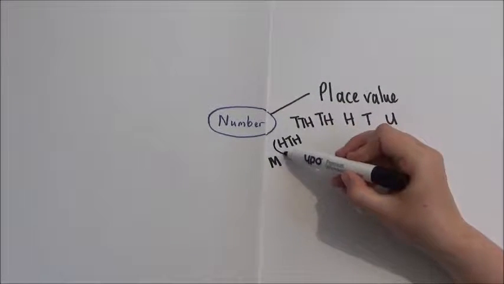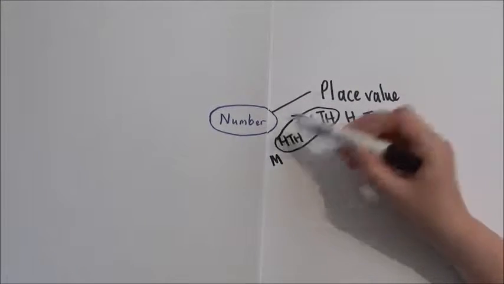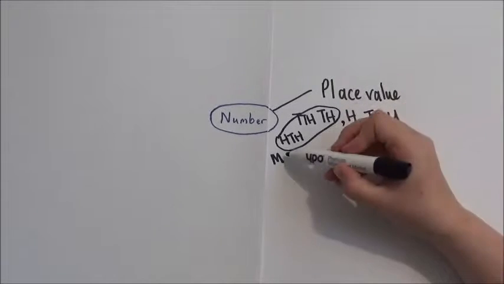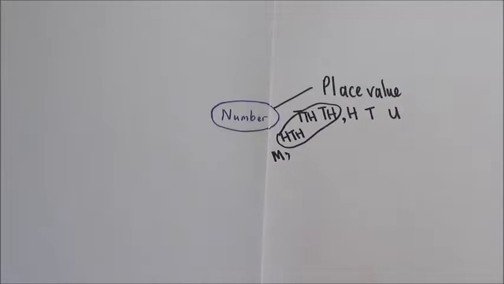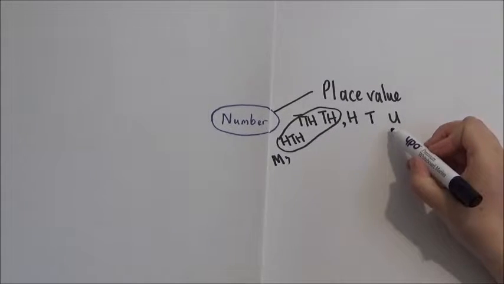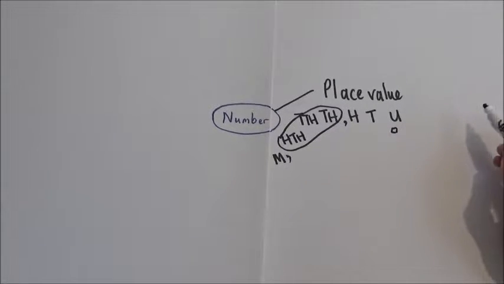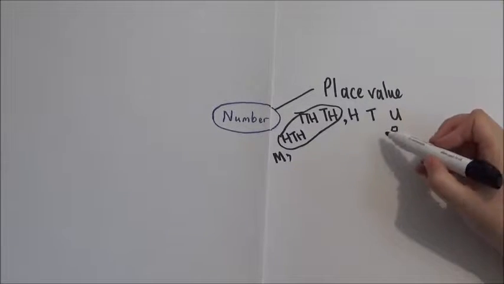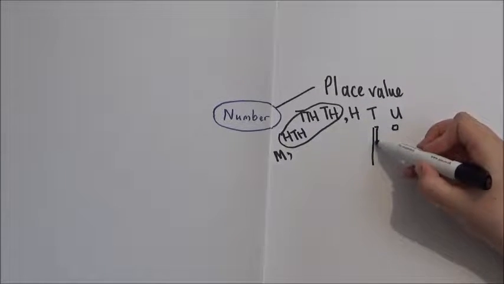We also know that this group here are called our thousand family, and we can remember that they're grouped together using the commas.